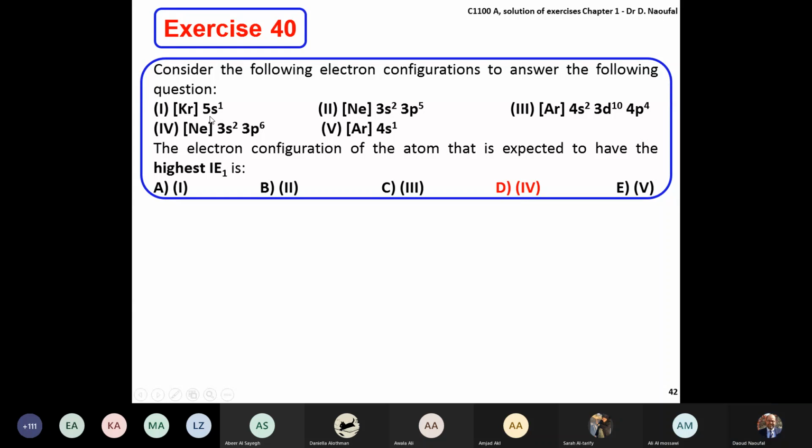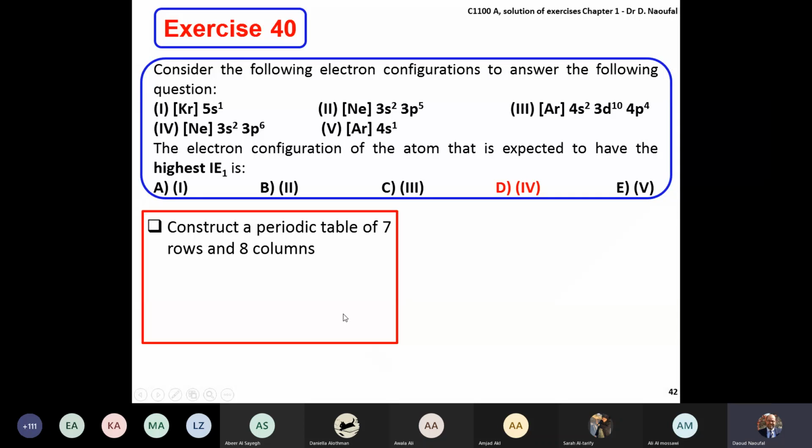Element 1 is in group 1, period 5, or in column 1, row 5. So we have to construct our periodic table.